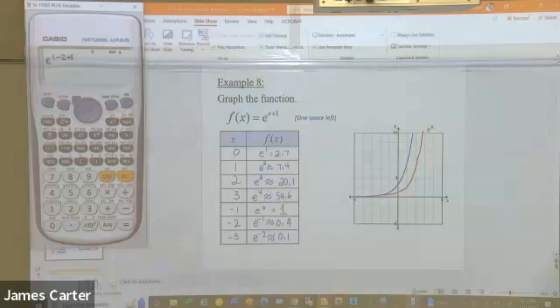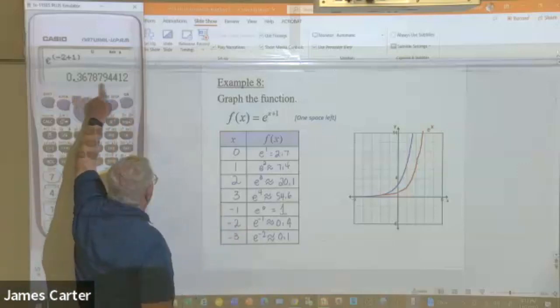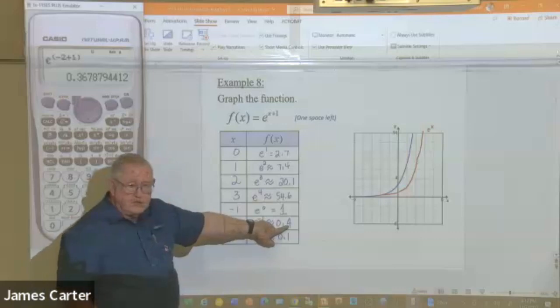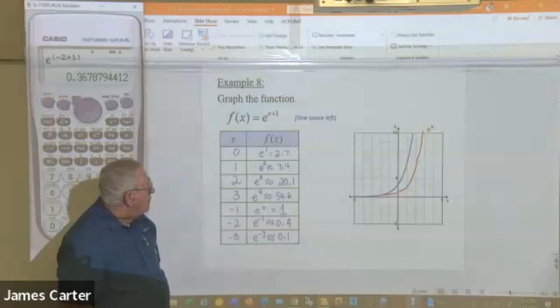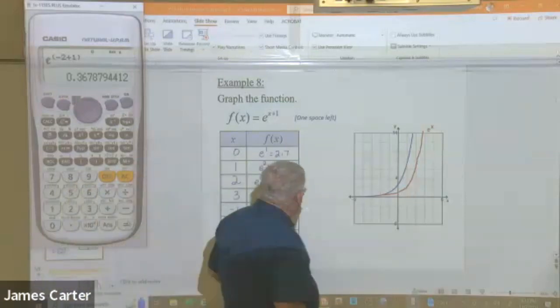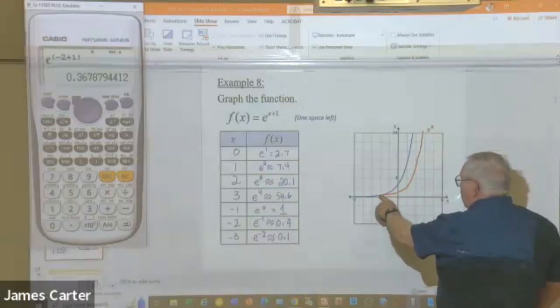Nope, I didn't. Okay, now I can hit my equal sign. They're saying that this, for graphing purposes, rounds up to 4/10, or a little less than half. And so at x equals -2, we're a little less than half.